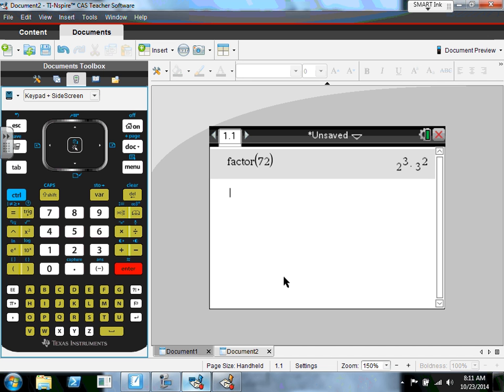What the CAS stands for is computer, what class are we in? Oh, algebra. It's a computer algebra system. It has a computerized algebra system that can do things that your math teachers don't want it to do for you, such as factor this for the variable x.